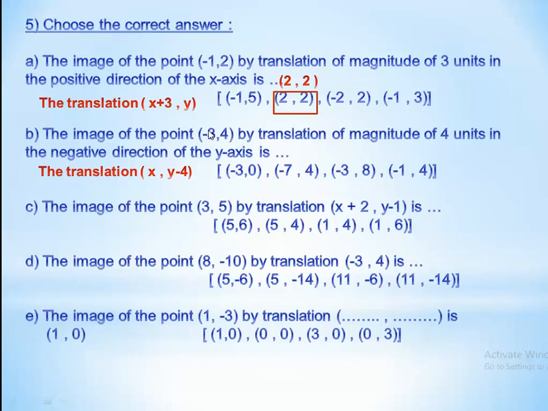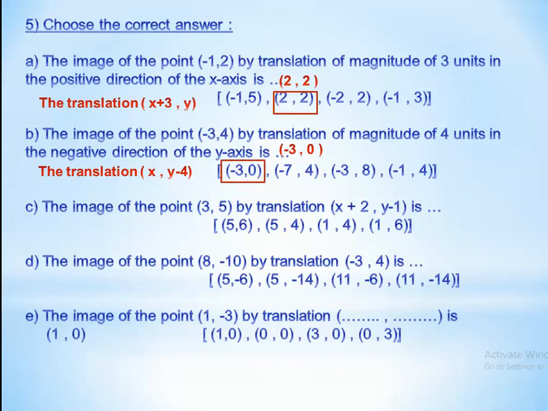He didn't tell me about x, so x stays as it is, and the direction will be y minus what? He told me 4 units, so y minus 4. Why did we say minus? Because he told me negative direction. So negative direction means y minus the number of units, y minus 4. Let's count. Negative 3 as it is, and 4 minus 4 is 0, so the choice is negative 3 and 0.